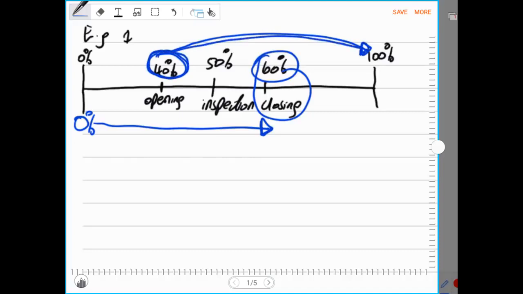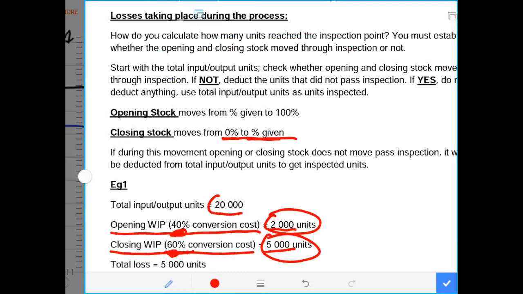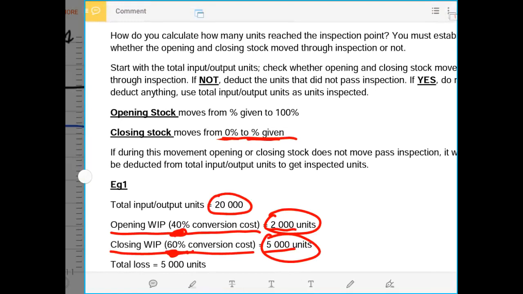So now that's what those two sentences mean, and they are very important for the understanding of the calculation of this. So now we know that there is a total of 20,000 units that were introduced in the beginning of the process. They told us that 20,000 units were introduced as input or output in the beginning of the process. So now we have to determine if the opening stock passed through the point of inspection.